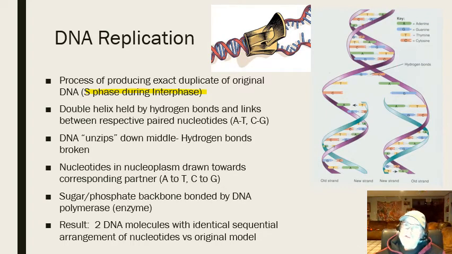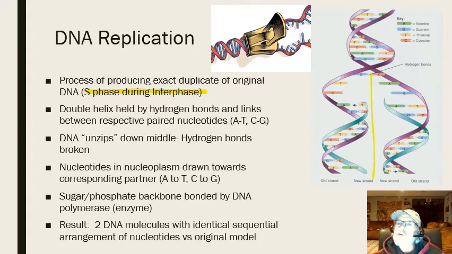Okay? And this is again very simple. They could make an exact duplicate of each of those strands by splitting and unzipping the strand right down the middle. There's a particular enzyme, which I'll show you in a couple minutes, which actually unzips the strand of DNA right down the middle.